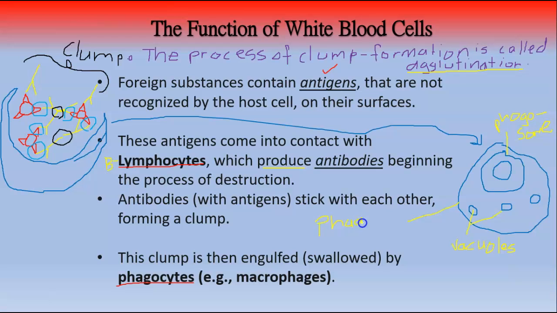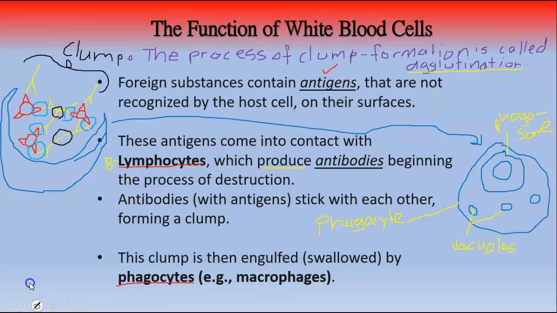So the phagocyte engulfs the clump, or swallows the clump, forming a phagosome on the inside. The phagosome is then digested by the phagocyte, and this happens because the vacuoles inside the phagocyte would secrete enzymes.